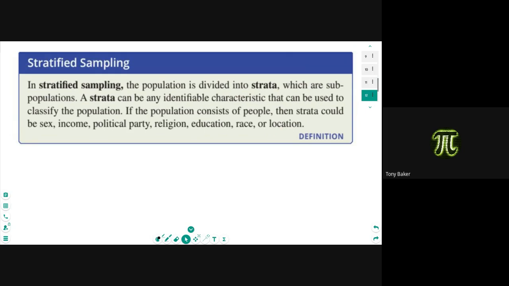So I want to make sure that I pick 40% of the blocks in the urban area, 40% of the blocks in the middle class, and 20% of the blocks in the upper class. So that my clustering is based on the actual population of the town in terms of an economic mindset. And in that respect, I would get a better representation of the views of the entire town.